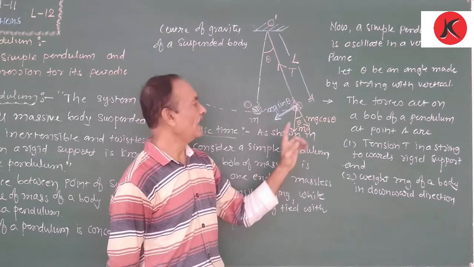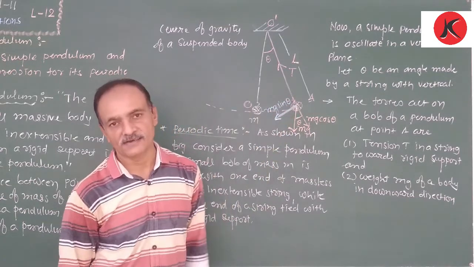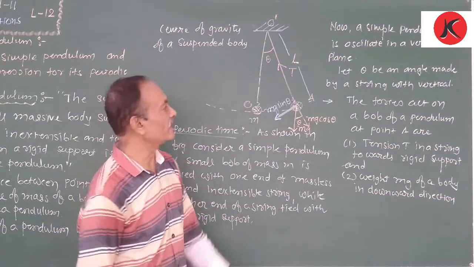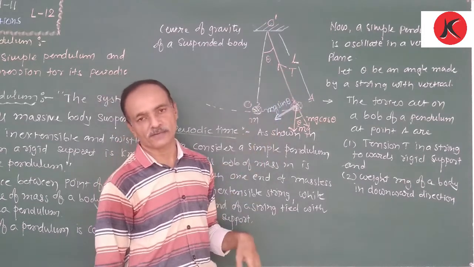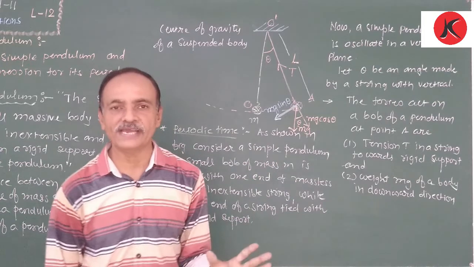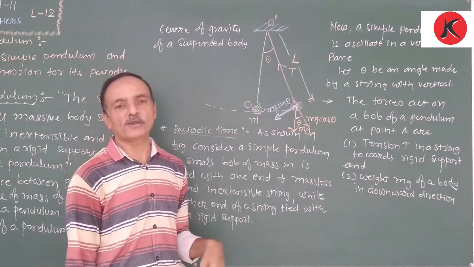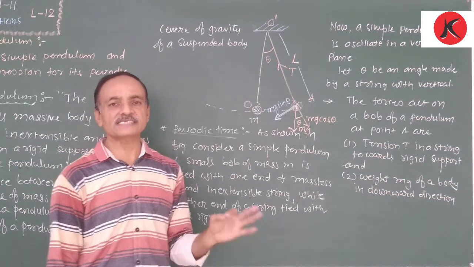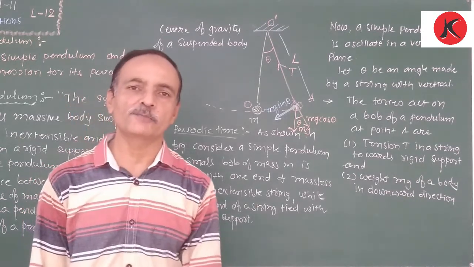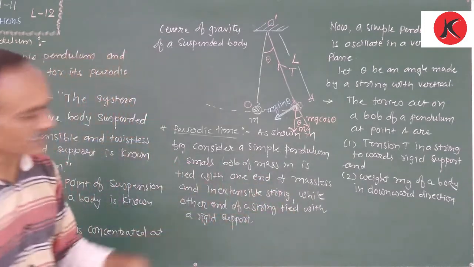And second is the perpendicular component mg sin theta, perpendicular to the length of the pendulum, known as the tangential component of weight mg. Out of these two components of weight, which component is responsible to produce the torque? Clear? Okay, we discuss this.